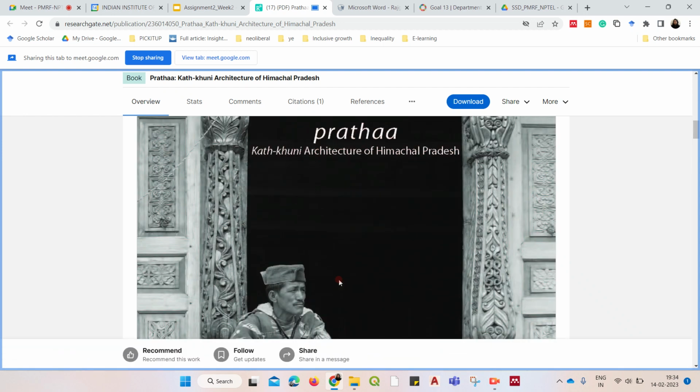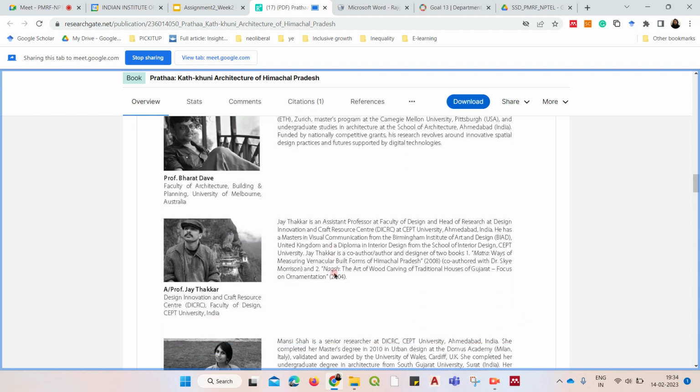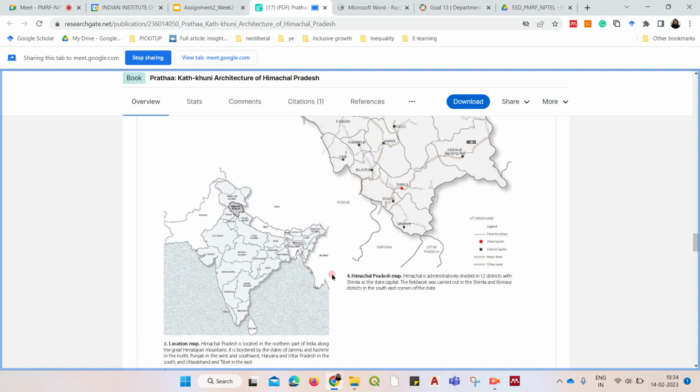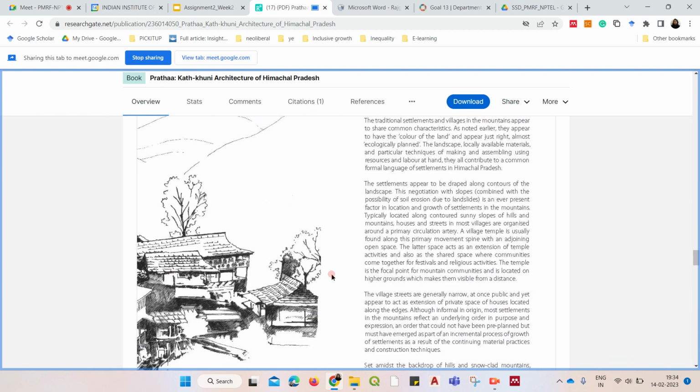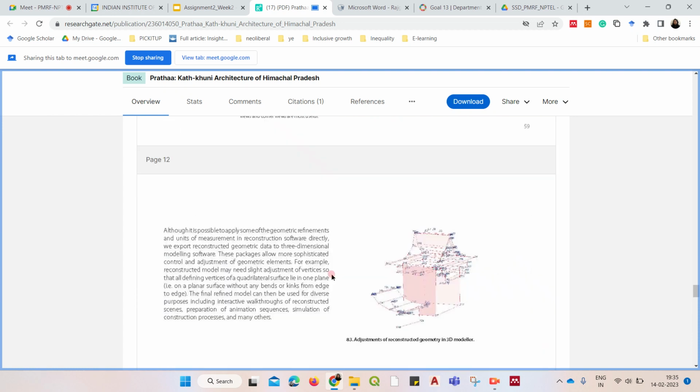So this documents the architecture and architectural style of Katkuni architecture. So you can go through this as well, and then it also talks about how the settlements occur. So not only just the buildings, but even the settlements of which these buildings are part of, how the settlements are created.